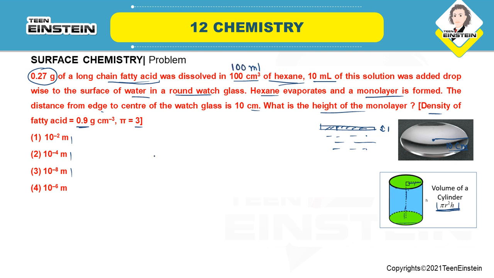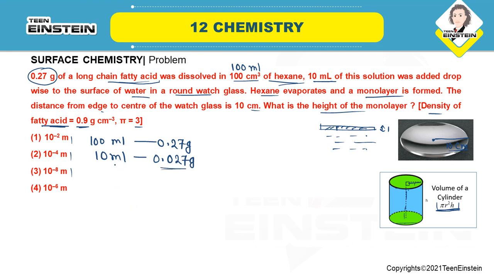So 100 ml contains 0.27 gram, but we have taken only 10 ml. So in 10 ml the amount will be 0.027 gram. Fine. Density of the fatty acid is given, and we know the mass in 10 ml.